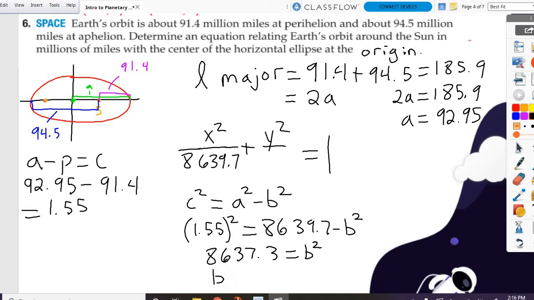So then I'm going to take the square root, and I get 92.94. But remember that what I want to put into my equation is going to be B squared. So that's going to be 8,637.3.